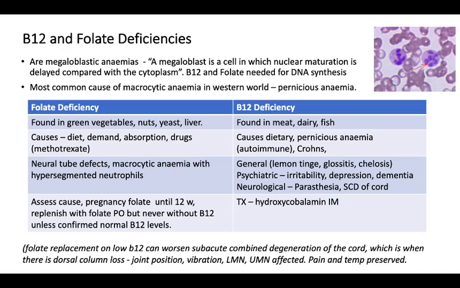If you give someone folate but they have an unknown low B12, the folate can worsen the subacute combined degeneration of the cord resulting from the low B12. So you need to be careful with that. In B12 deficiency, you replace the vitamin by giving intramuscular hydroxycobalamin injections.